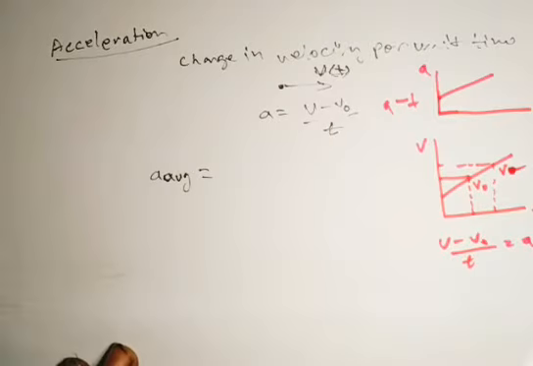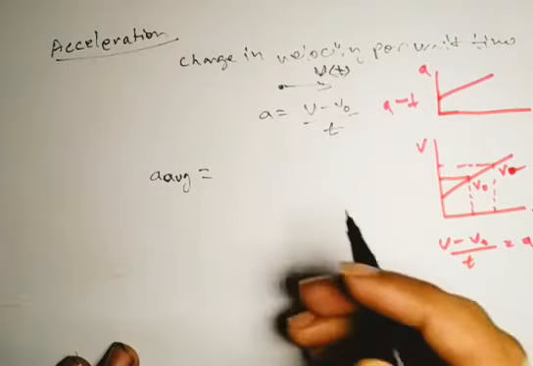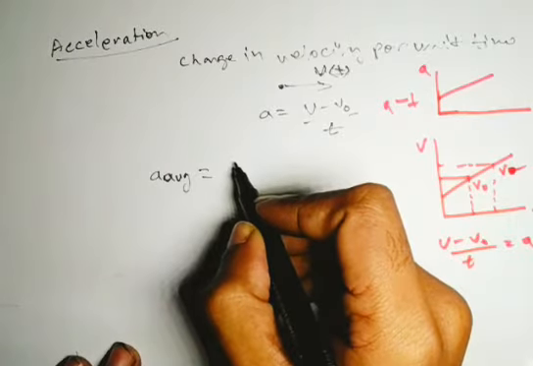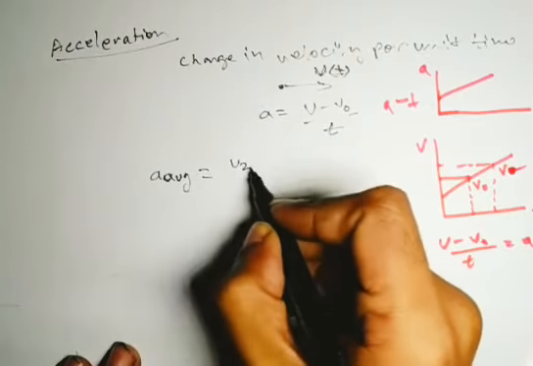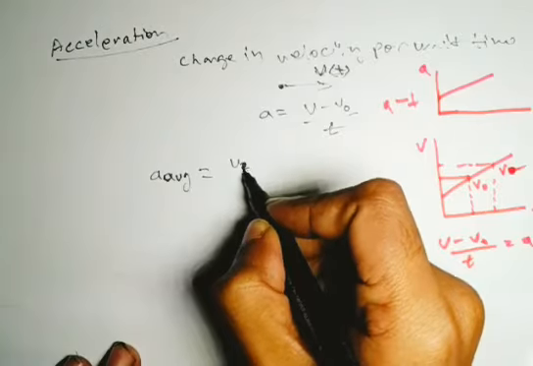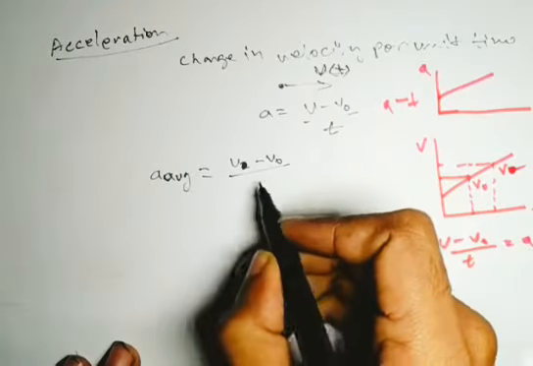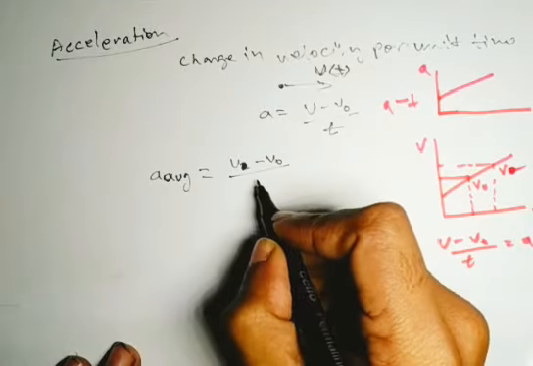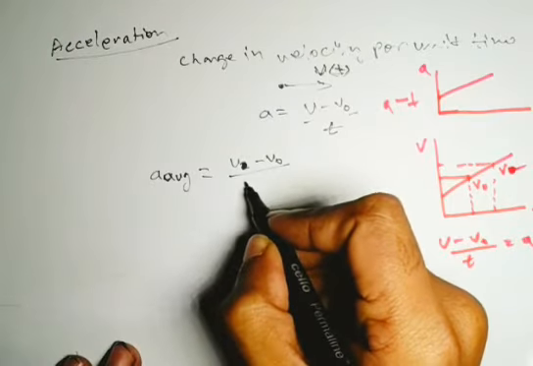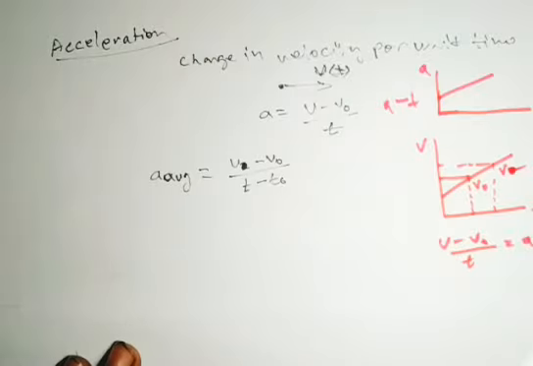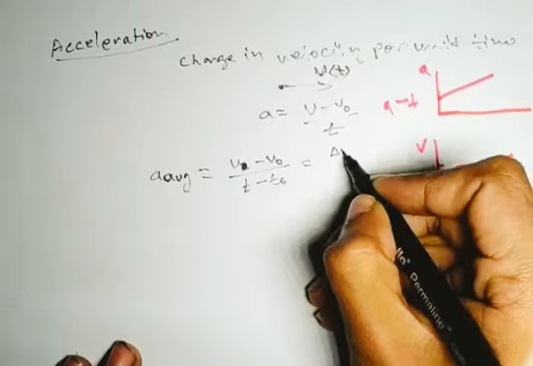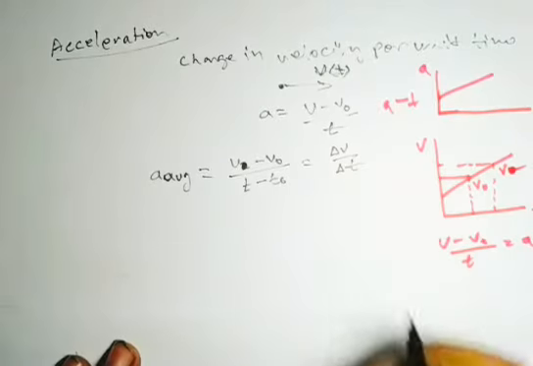Average acceleration is also change in velocity per unit time, but here the change in time is a time interval. If we take V minus V naught upon time, here it will not be t, here it will be t minus t naught, and we can say del V upon del t.